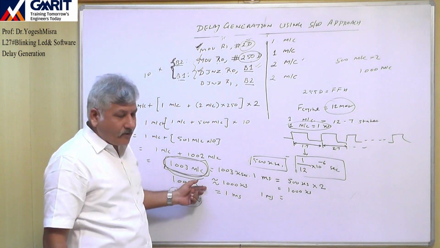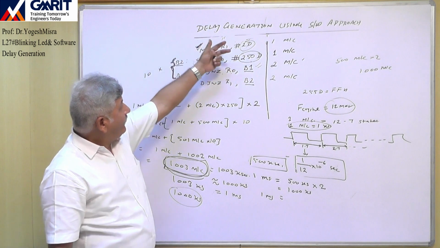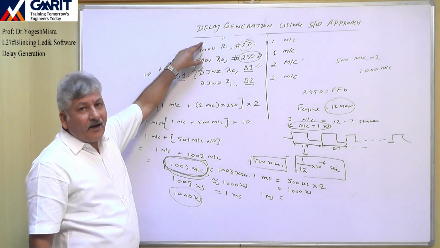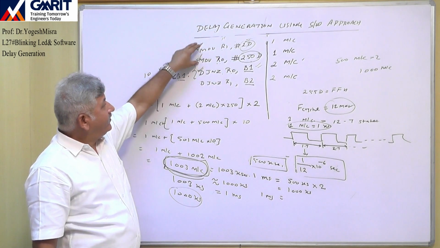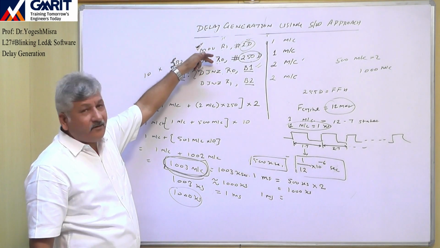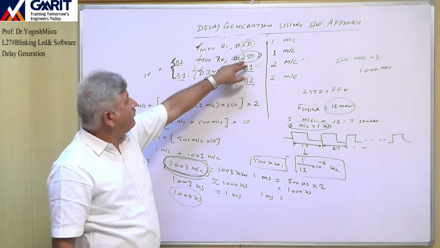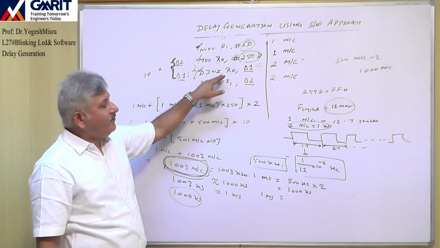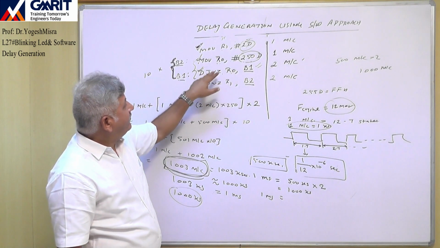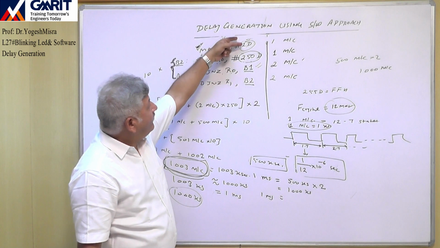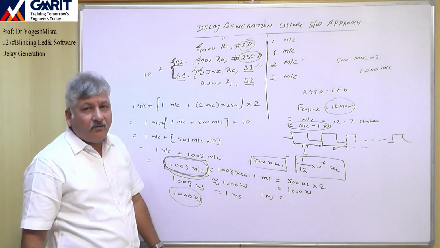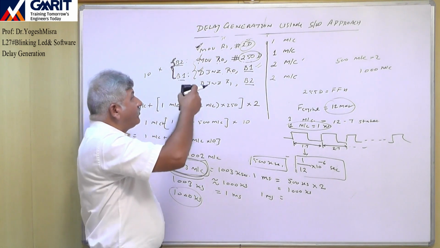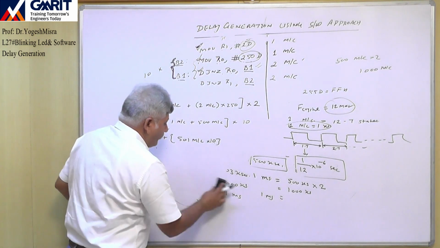So the values we are loading in R1 and R0 are called overheads to generate the delay. We can neglect these values and directly calculate from here. 250 times we are executing this means 500 machine cycles, and that is again multiplied by 2, so 1000 machine cycles. So we can neglect these overhead delays. So this is about the software delay.